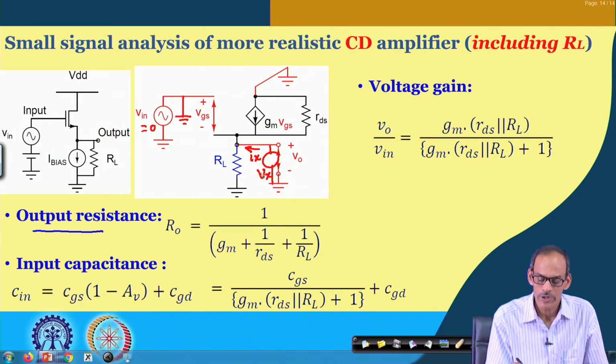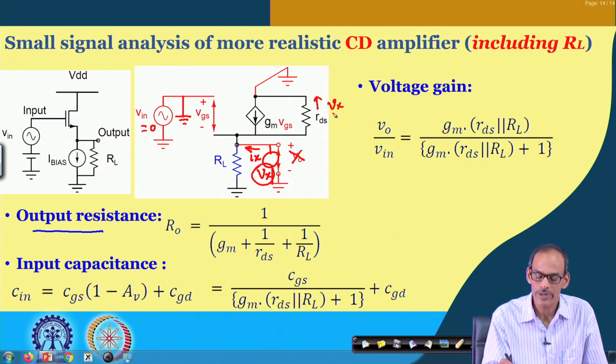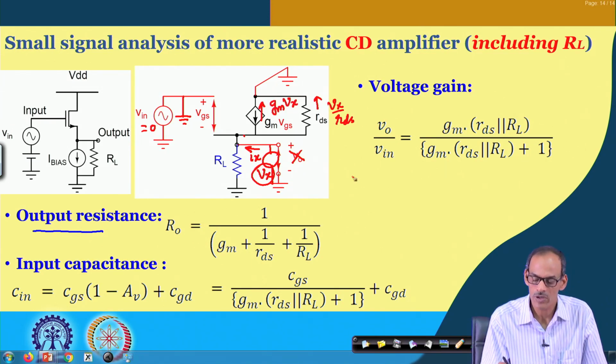The moment we apply Vx here, the current flowing through this RDS is Vx divided by RDS, and Vx incidentally is the same as minus Vgs.